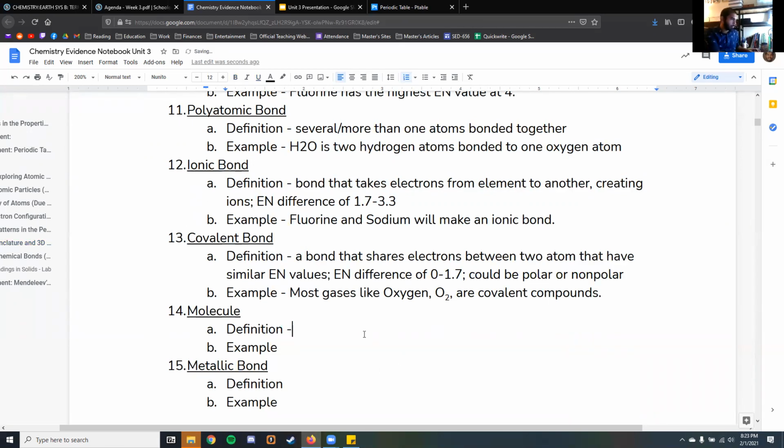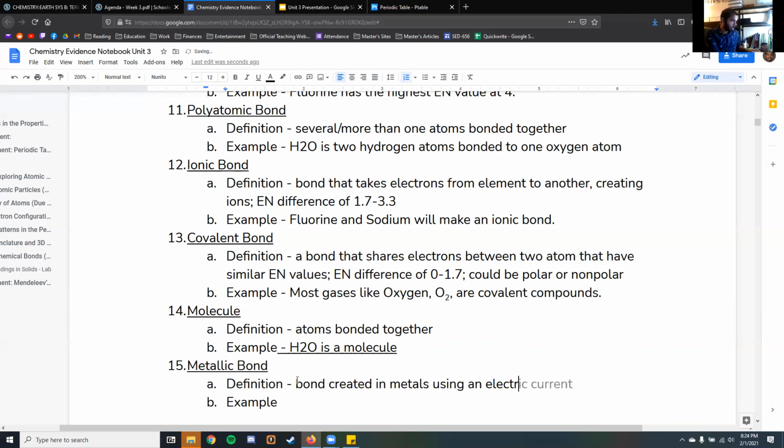The molecule is just atoms bonded together. And H2O is a molecule. That's it. The metallic bond is just that. It's a bond created in metals using an electron sea.